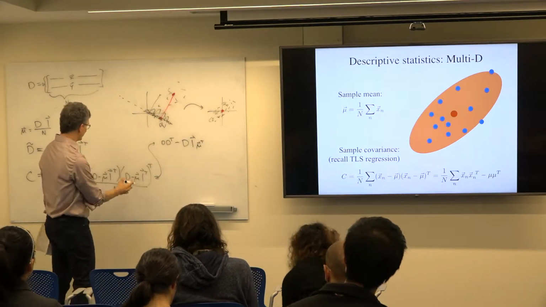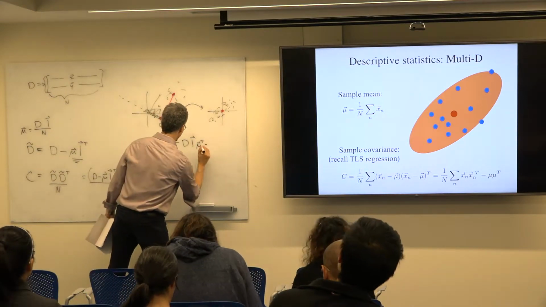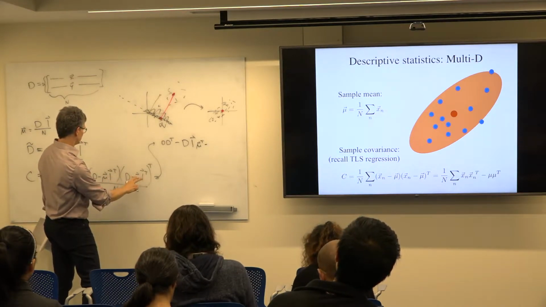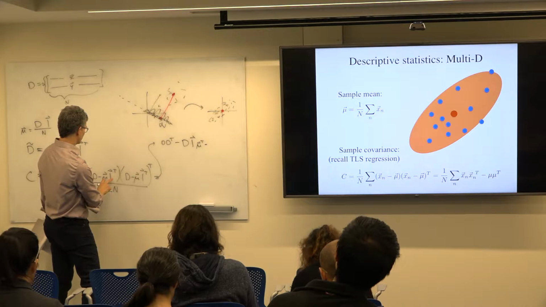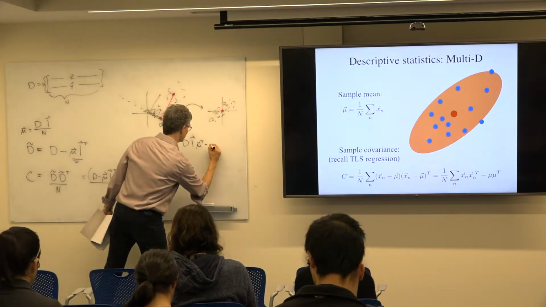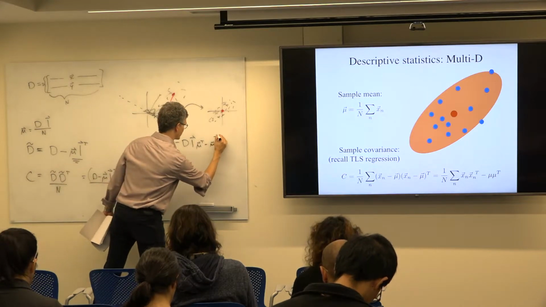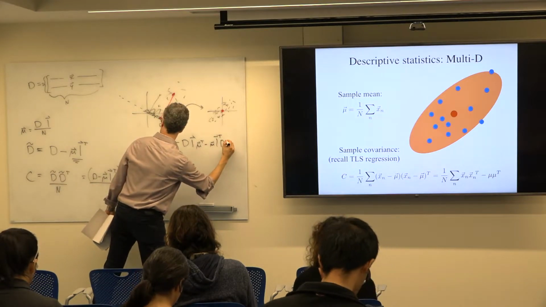Then there's going to be a minus, well, it'll be the same thing, but we'll write it out. Minus mu times 1 transpose times d transpose.